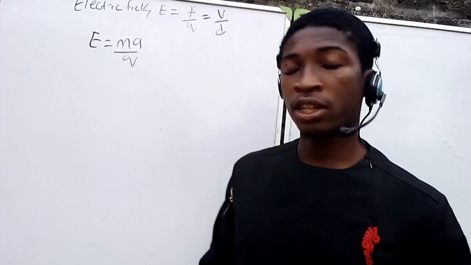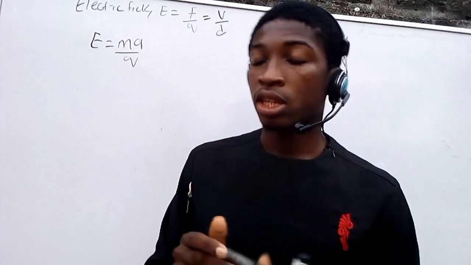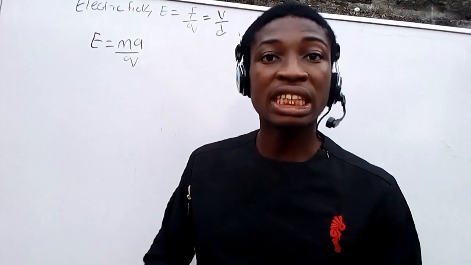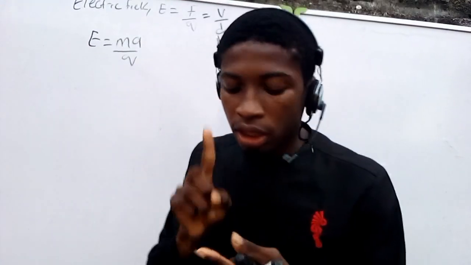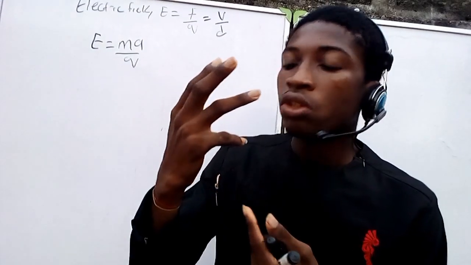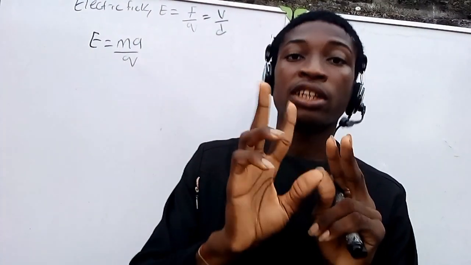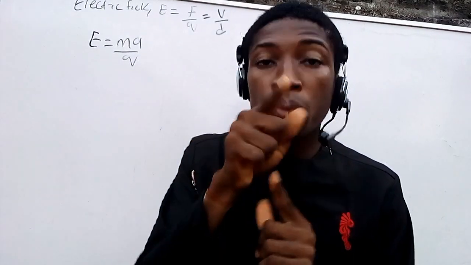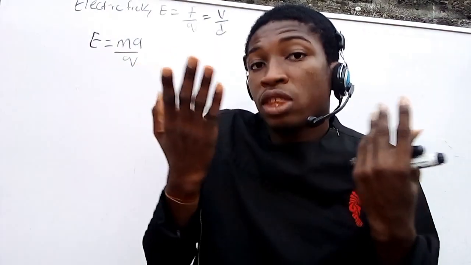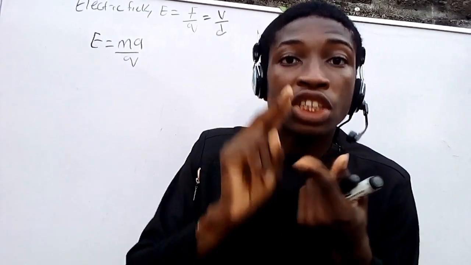So whenever they ask you about a particle, especially if the particle is specified, there are two specified particles in electric field: the electron and the proton. When you see these two particles in the question, the two features you must know, because they may not even tell you their values, are their mass and their charge.